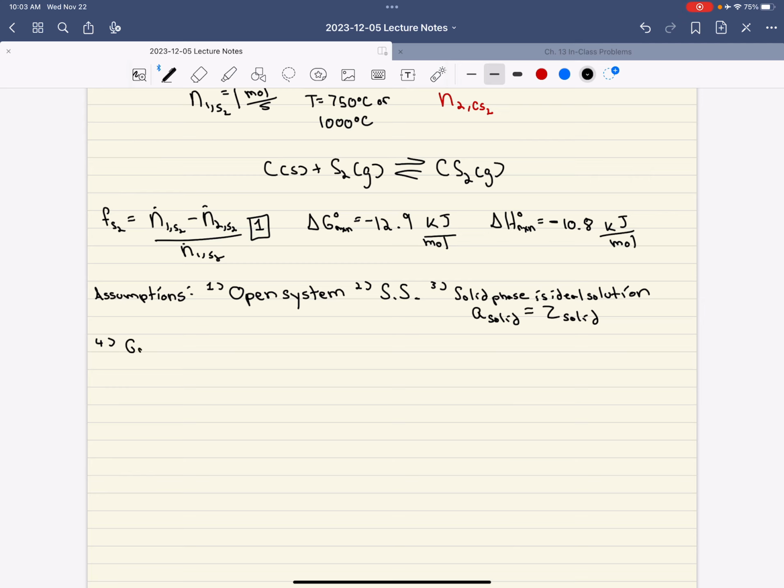What we'll do here is assume that our gas phase is an ideal gas mixture, such that the activity of the species in the gas phase is just the partial pressure of that species divided by the standard state pressure, and we can relate the partial pressure to the mole fraction as well. Okay? All right, so those are the assumptions we're going to make.